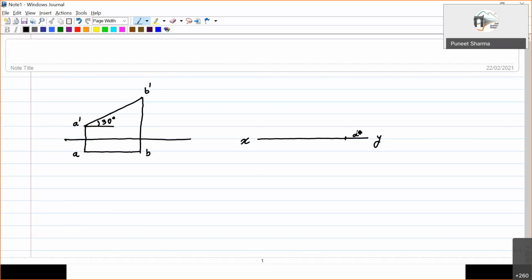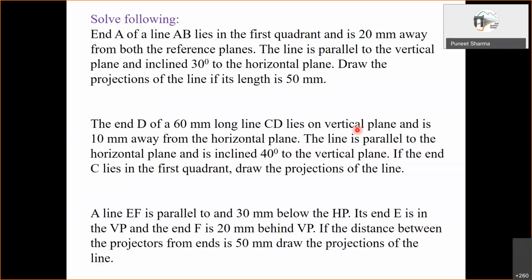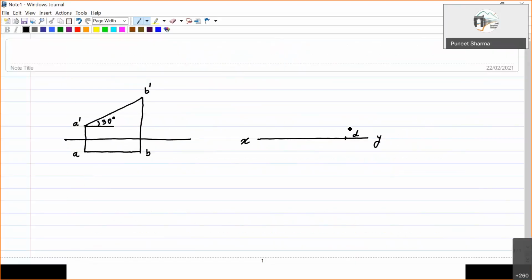So let this be the top view for D. Okay. Then for the front view, we'll make use of this condition that D is 10 mm away from the horizontal plane. Okay. So I'll take it 10 mm above the horizontal plane because C is in the first quadrant and the line is parallel to the horizontal plane.